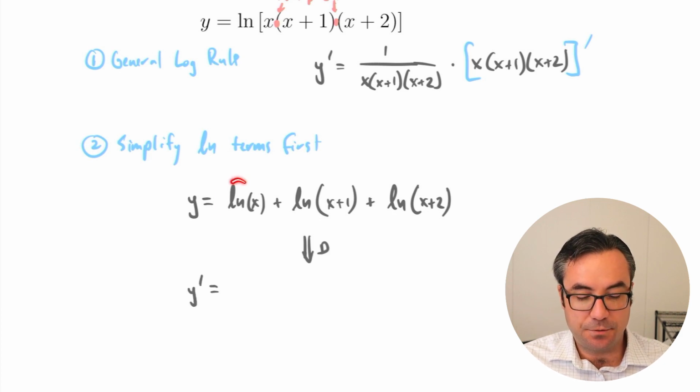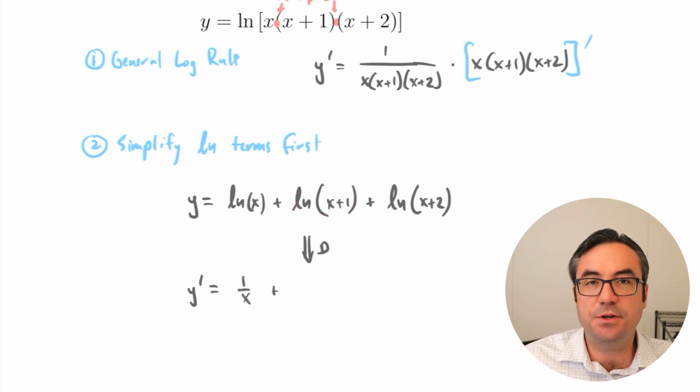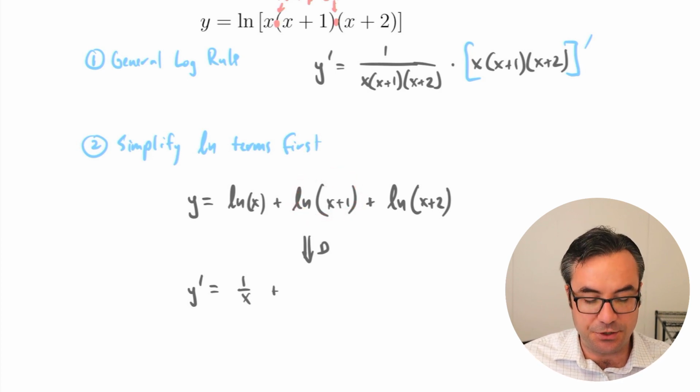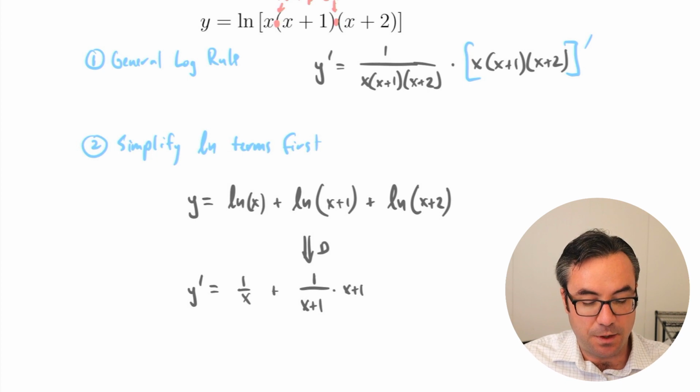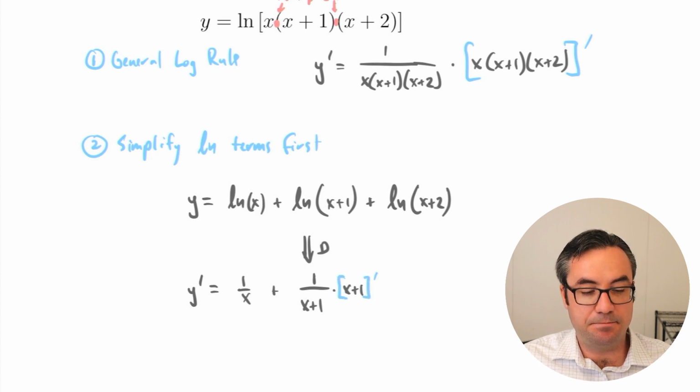And first, differentiate the first natural log, gives us 1 over x. Differentiate the second natural log. We still have to use our general log rule here, but it's not too bad. We end up with 1 over the x plus 1 times the derivative of x plus 1. And then same thing.